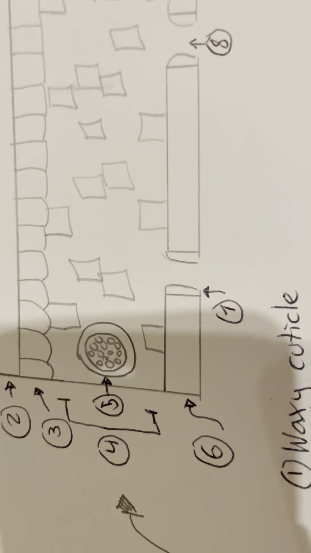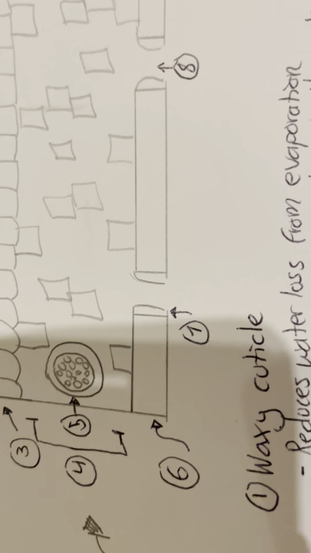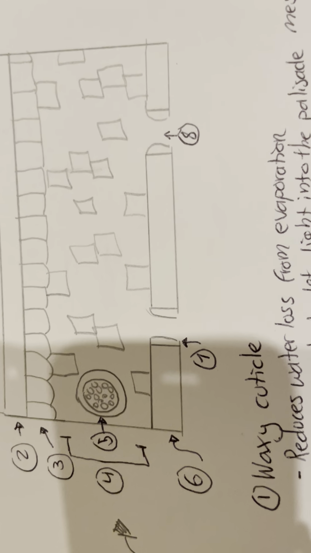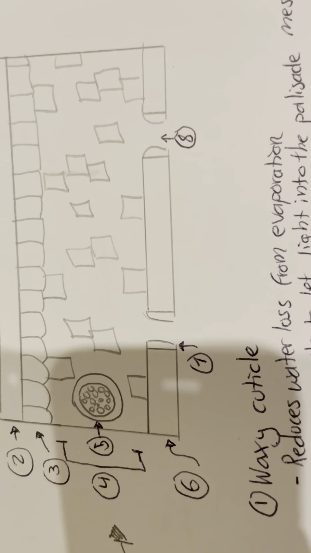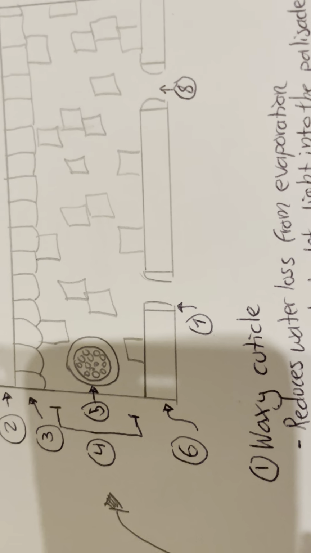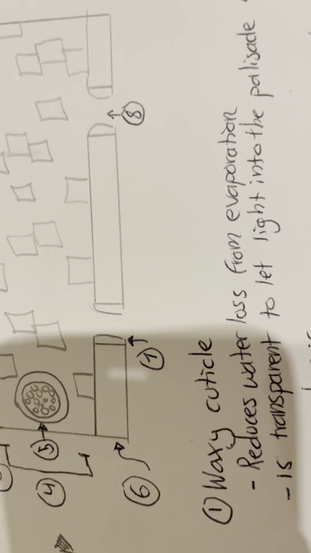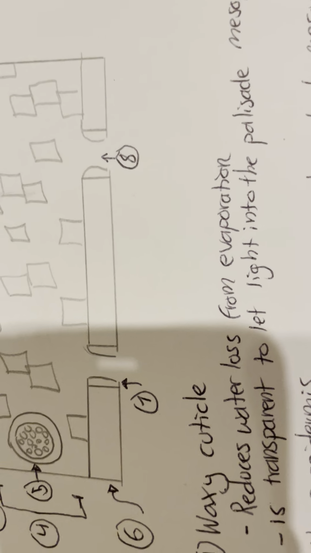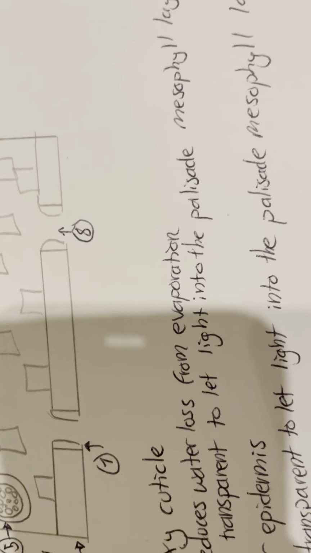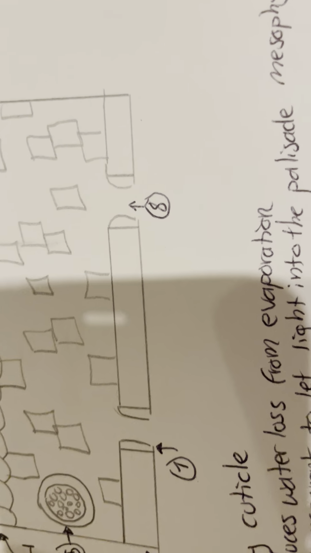Inside your spongy mesophyll layer, you have 5, which is your vascular bundle, which is your phloem and xylem. Number 6 is your lower epidermis, which contains your guard cells and stomata, which are 7 and 8 respectively. 7, the guard cells, open and close the stomata to prevent gas and water loss. 8 is the stomata, and that lets CO2 diffuse into the leaf.